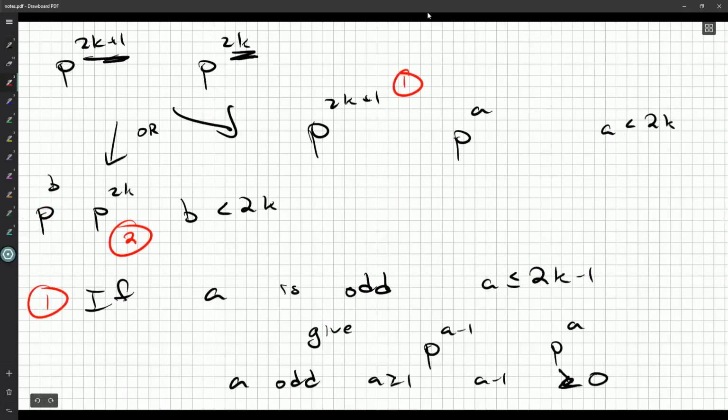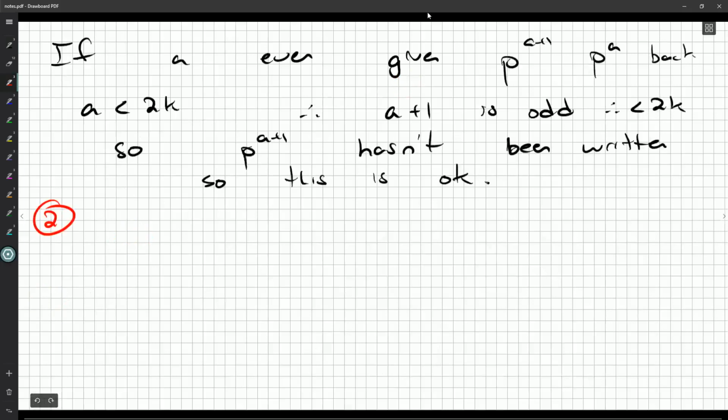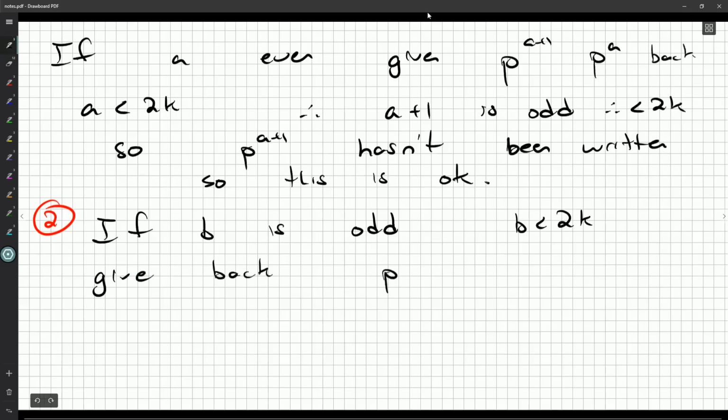All right, case 2. Suppose I'm given p to the b and p to the 2k. If b is odd, well, once again, b is less than 2k. Give back p to the b minus 1.